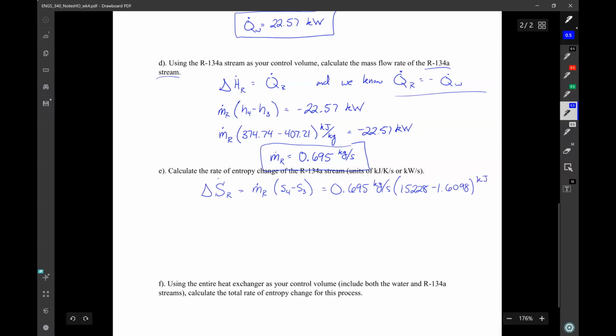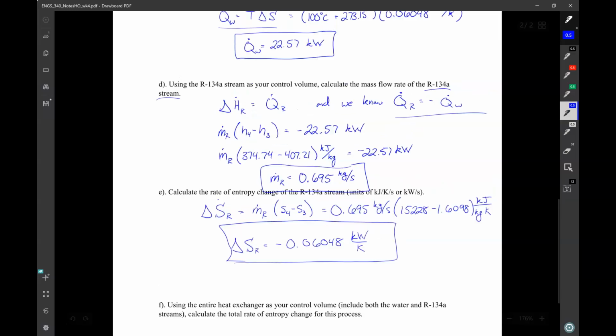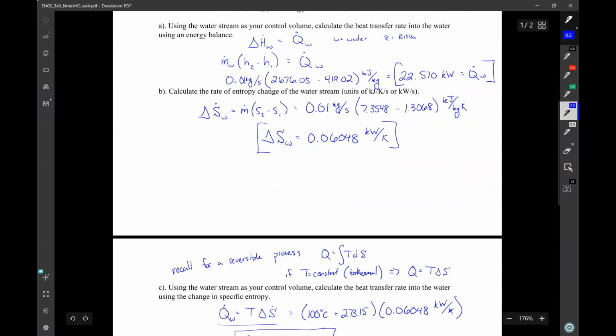And those units are kilojoules per kilogram Kelvin on entropy. And if we calculate this, our delta S for refrigerant equals minus 0.06048 kilowatts per Kelvin, which should look like a familiar number to us, right? This is exactly the same number, just an opposite sign as what we got for the rate of entropy change of the water stream.